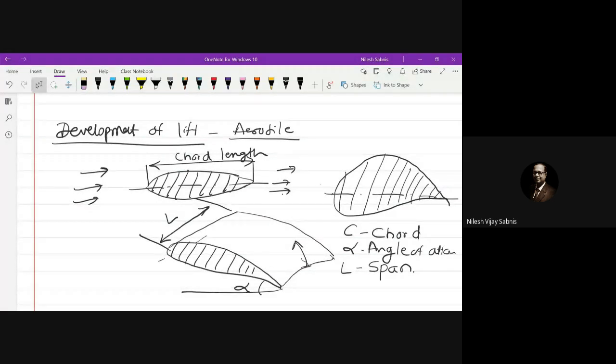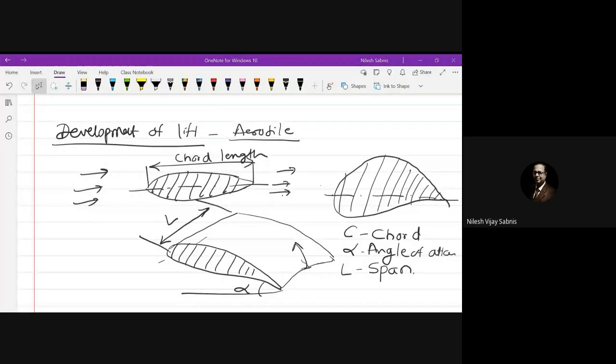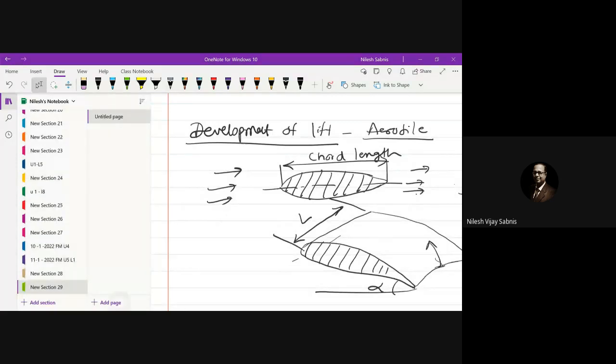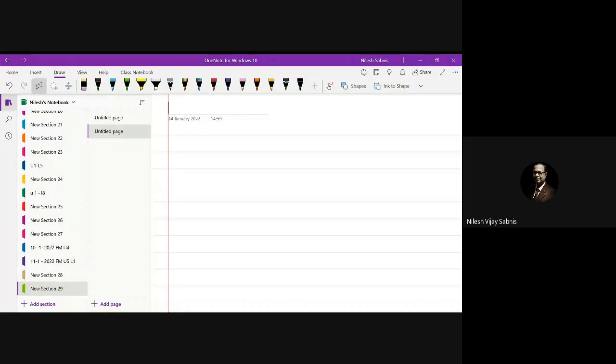Now, continuing with the next part, unfortunately it was not mentioned in our syllabus. That part is again important from the point of view of the exam, and it was not printed by mistake, and that is the second part of this unit.